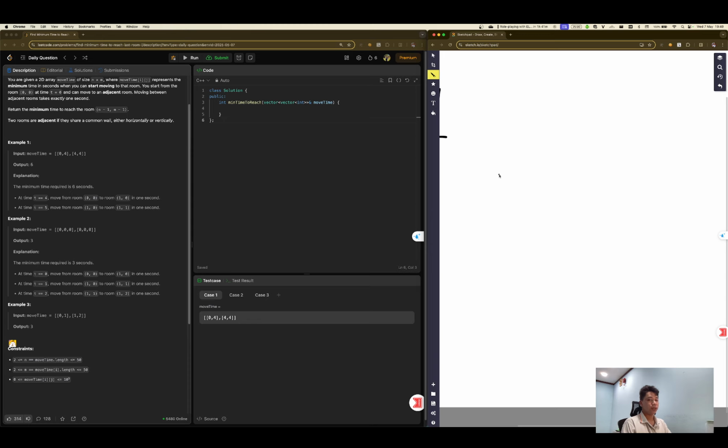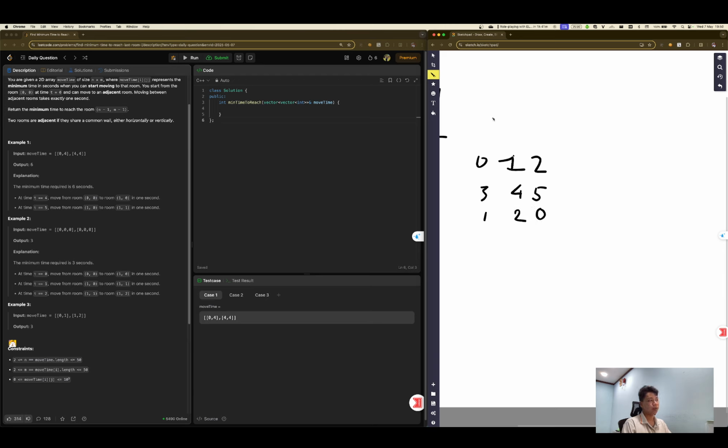We can consider this matrix as a graph. For example, they give you this matrix: 1 2 3, 4 5 6, 1 2 0.